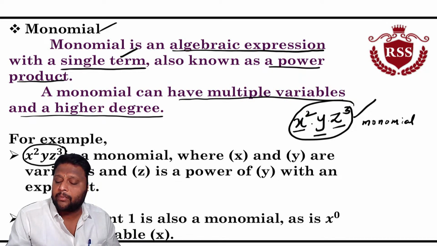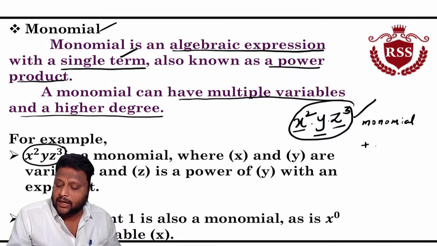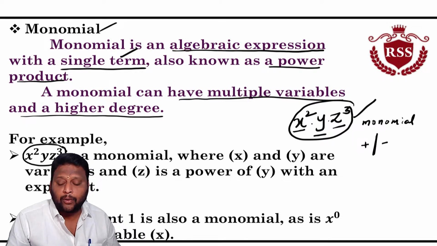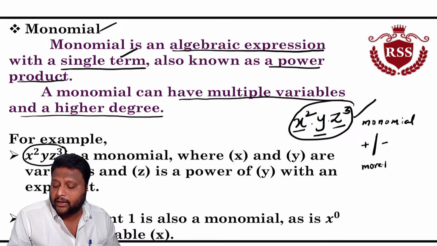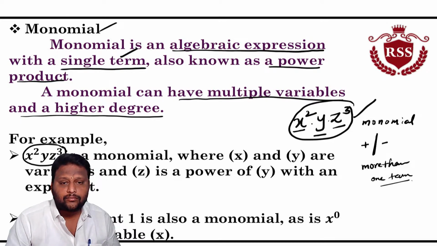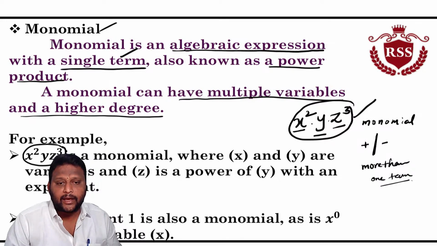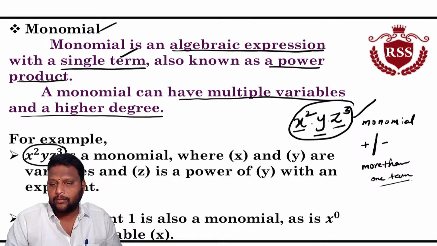You have to remember a simple technique: if there is plus or minus, that would be more than one term. If there is plus or minus in the algebraic expression, then it is not a monomial.